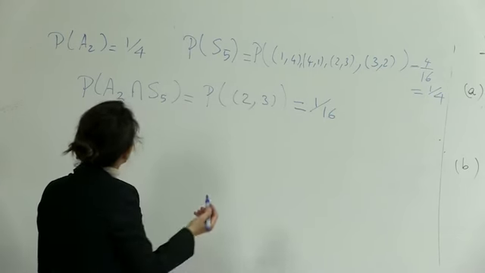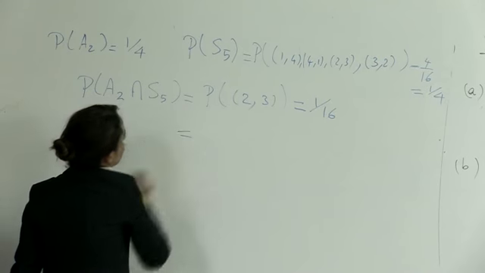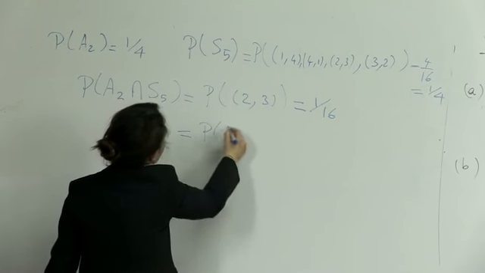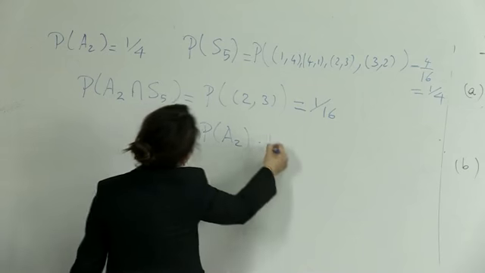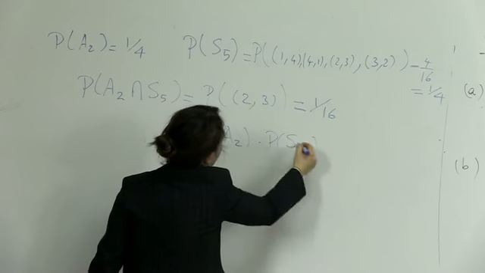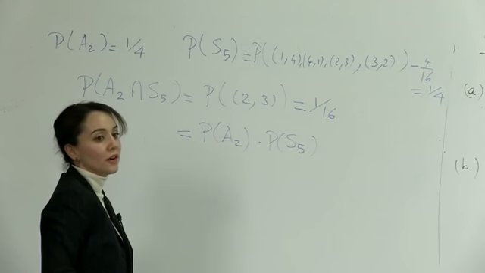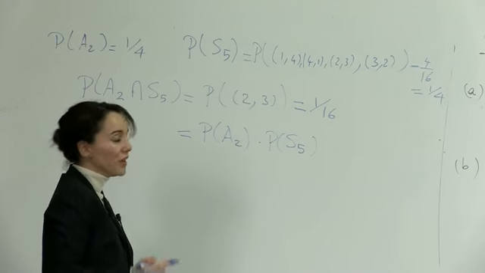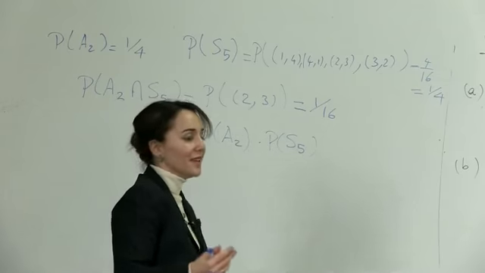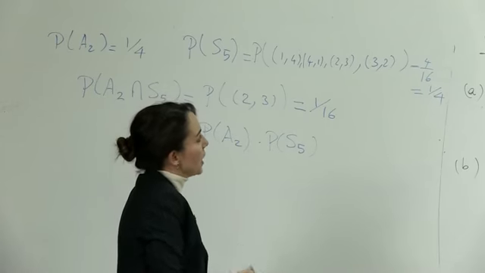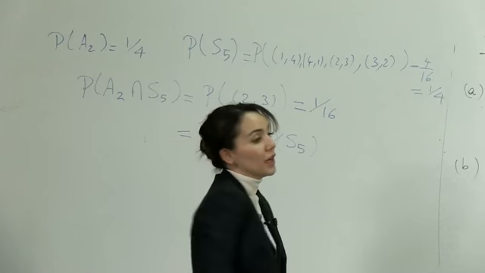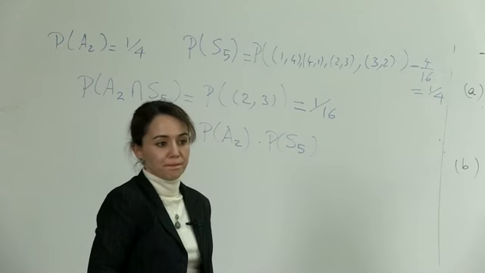But this happens to be equal to P of A2 times P of S5. So by definition of independence, A2 and S5 are independent. Okay, so this shows you that sometimes independence can occur counterintuitively.